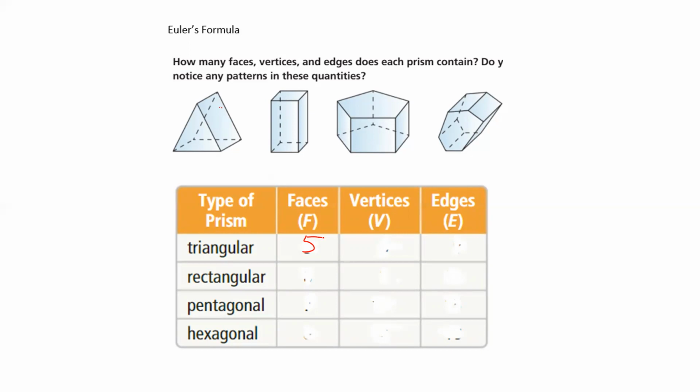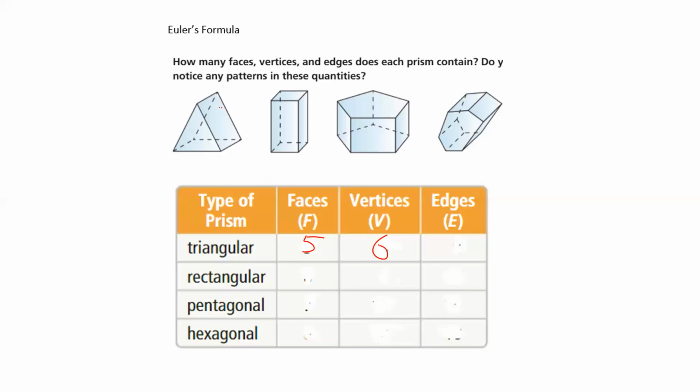How many vertices? 6. So a vertex, again, those are our points here at the tips. So we have a total of 6. If we go on the first base, there's 3. We go on the other base, there's 3 more, for a total of 6.